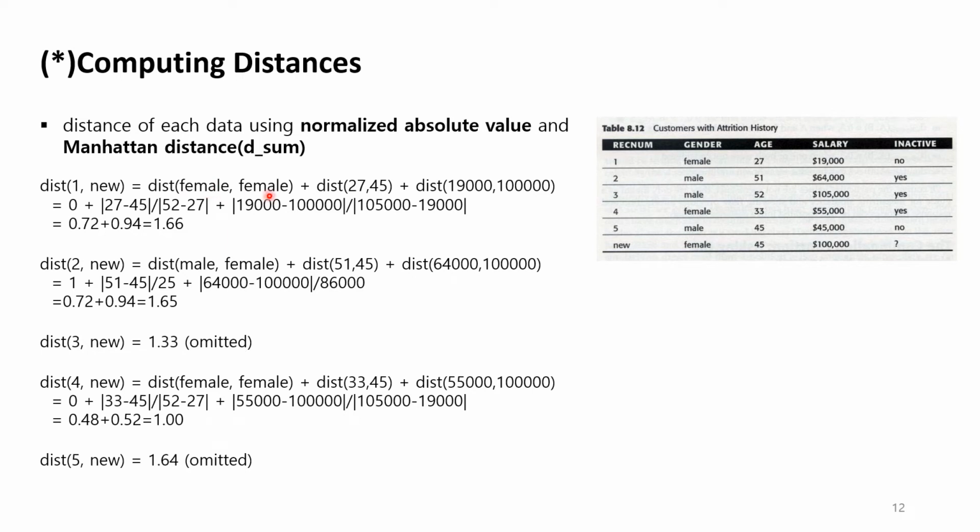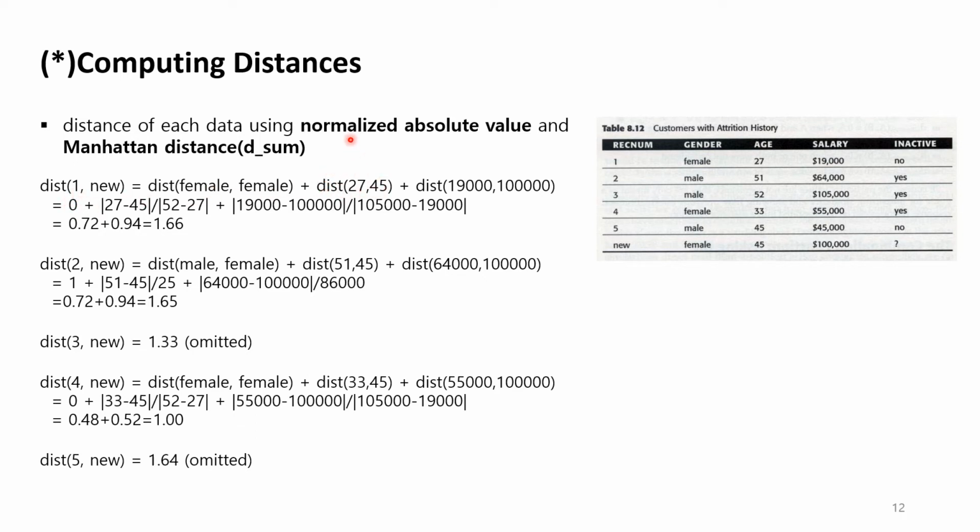Then you compute the distance between 27 and 45 in the age attribute, and then you compute the distance between this salary and this salary right here. For gender this is the identity function, so the values are the same, which means this distance is 0.